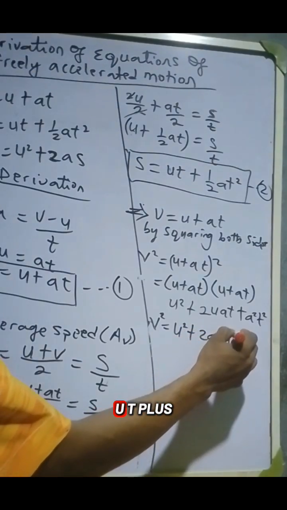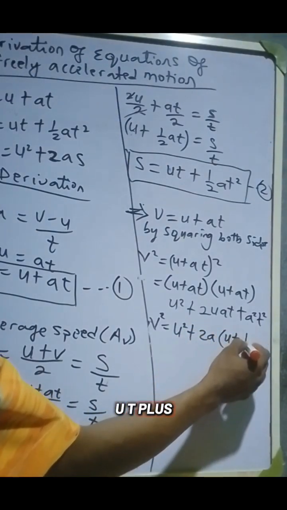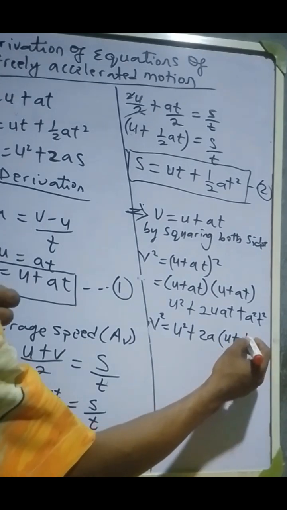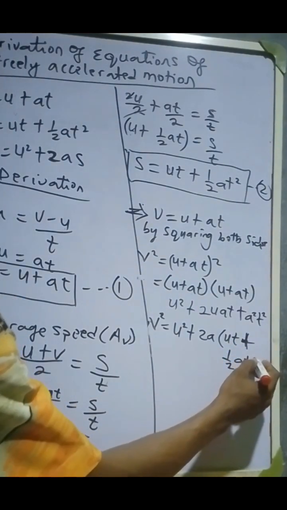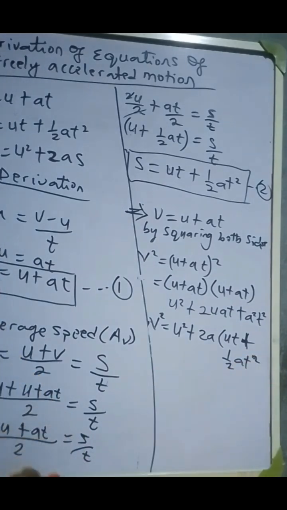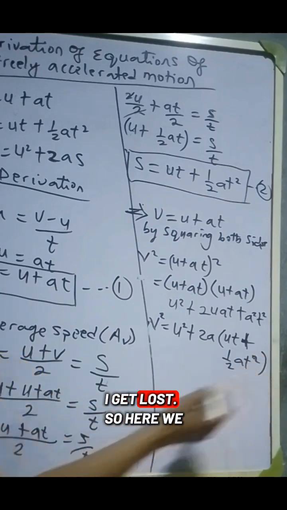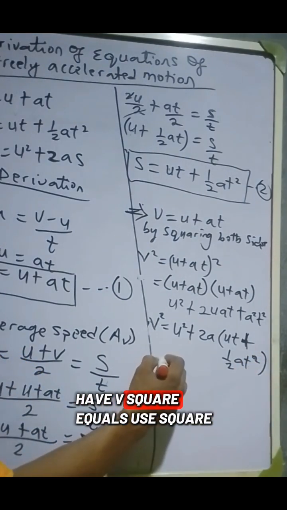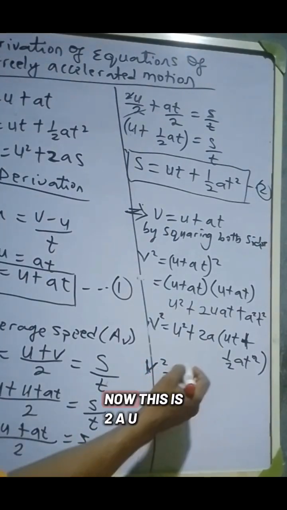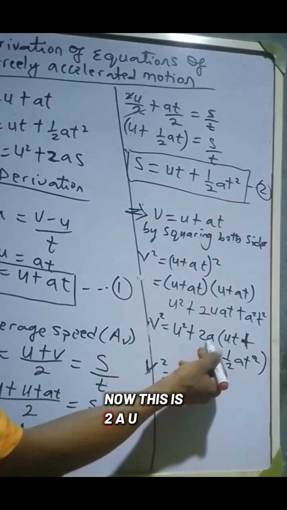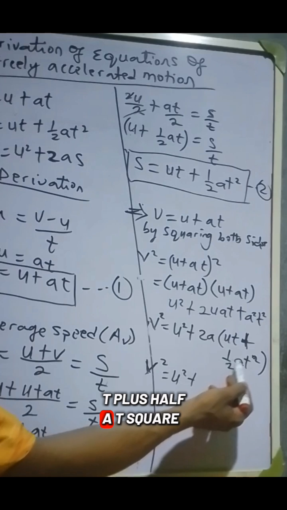So we now have v squared equals u squared plus 2a times (ut plus half at squared).